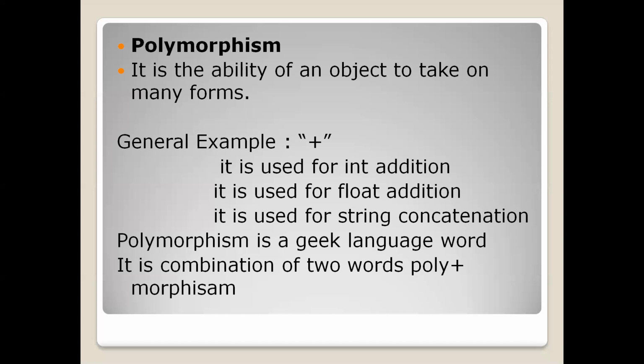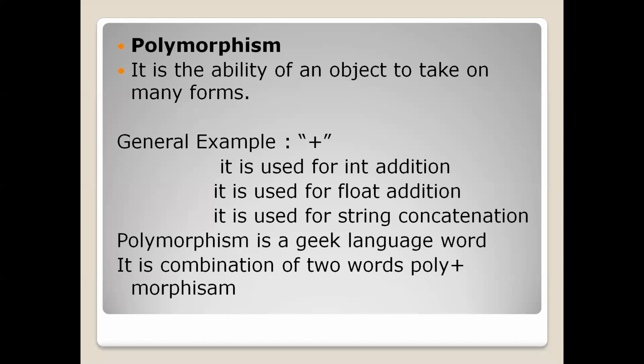Let us consider one more, the second type: float a, b, c; c = a + b. That means the same plus symbol is going to add two values, but here the two values are of floating point type. In the first statement, c = a + b means we are going to add a + b values which are of integer types.